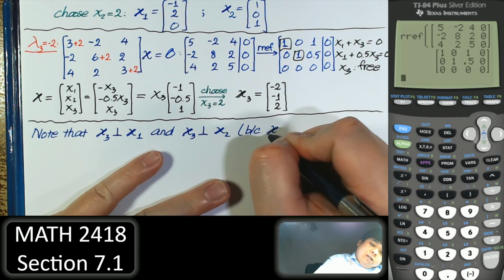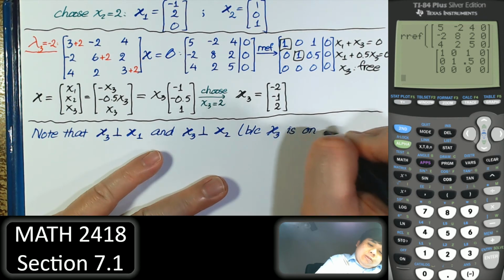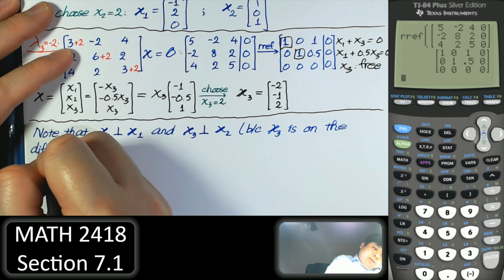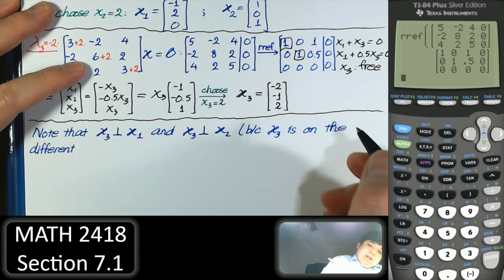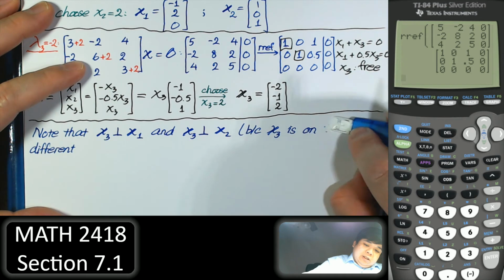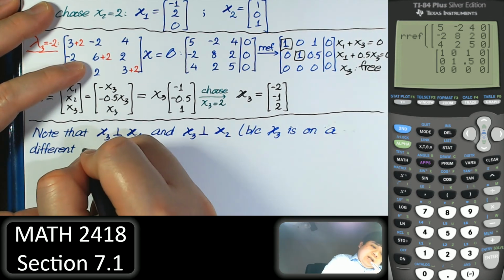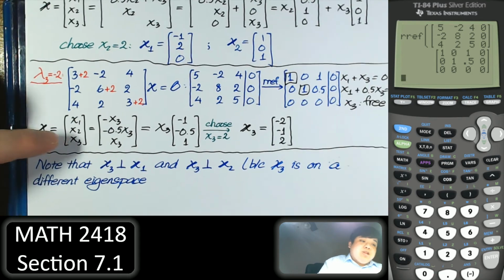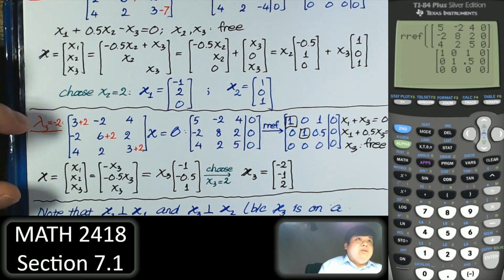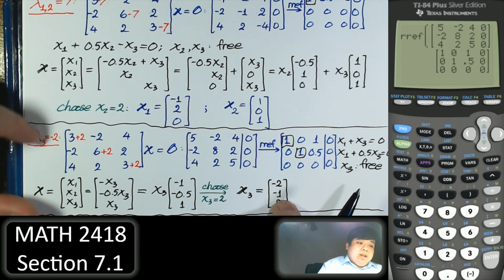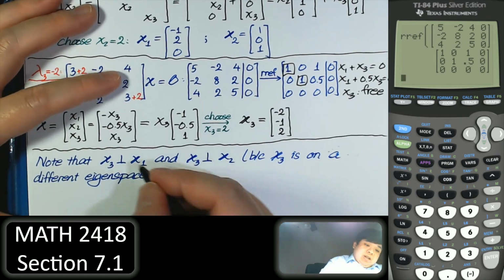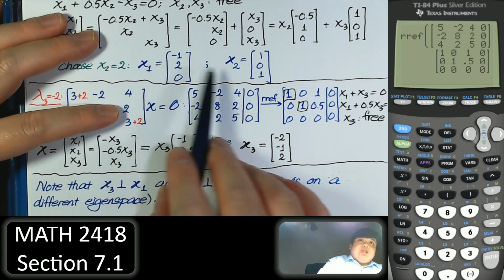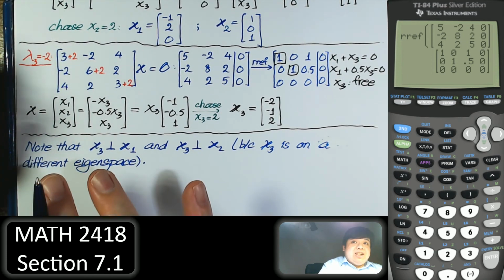That gives us x3 in one space and the other two in another. And x1 and x2 are in the same eigenspace. The theorem doesn't guarantee that they will be orthogonal.